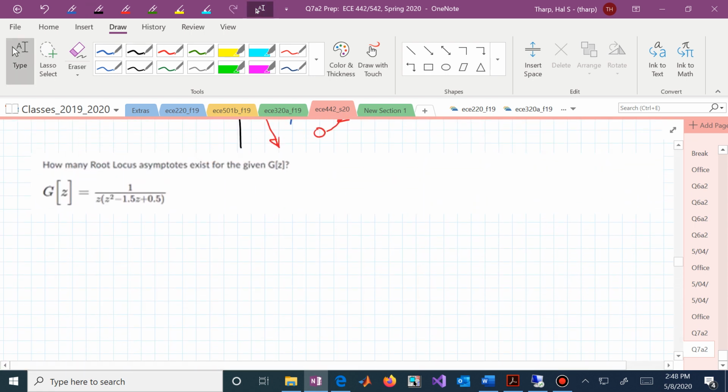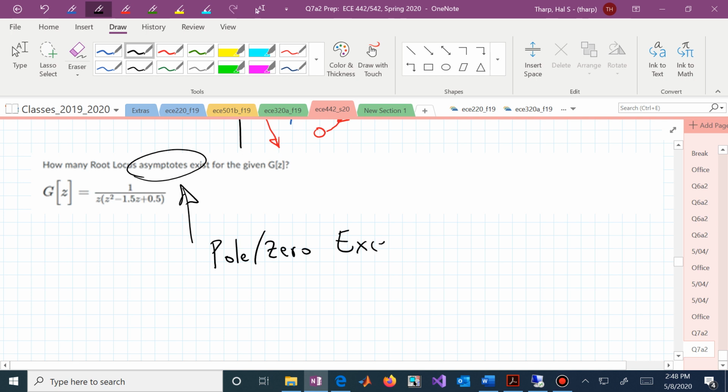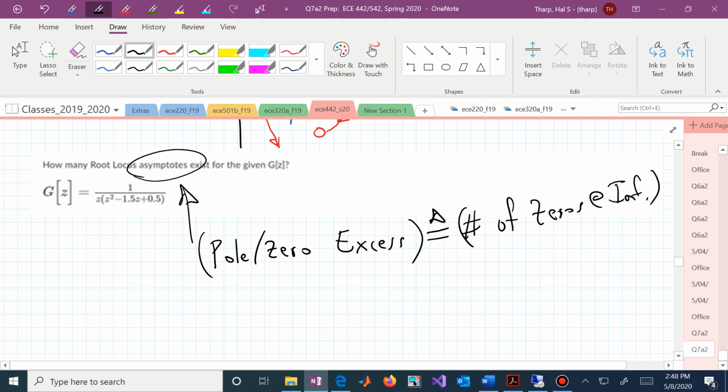Next question. How many root locus asymptotes exist for the given G of z? Well, how many asymptotes are there? The asymptotes correspond to the pole-zero excess, which is the same as the number of zeros at infinity.